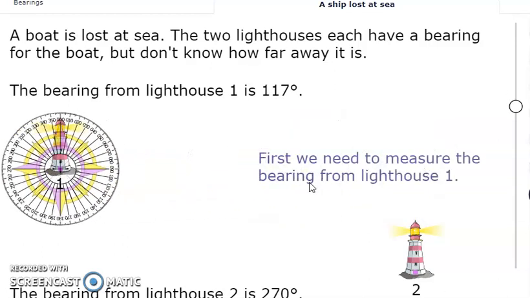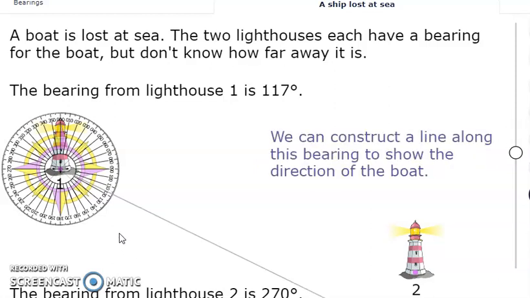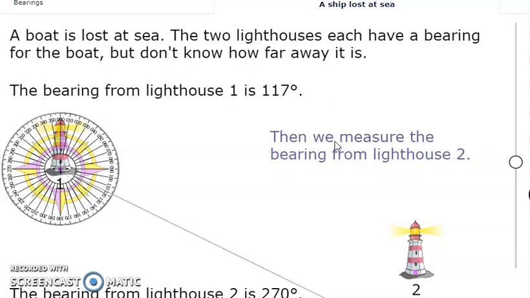First, we need to measure the bearing from lighthouse 1. That is 117 degree. This is 117 degree and we draw the line. Then we measure the bearing from lighthouse 2.